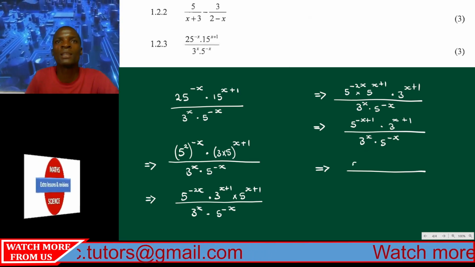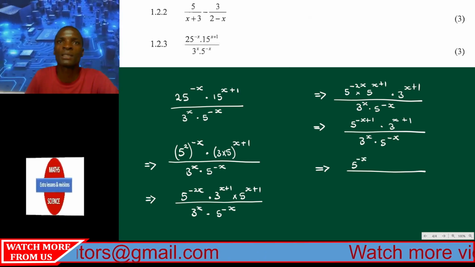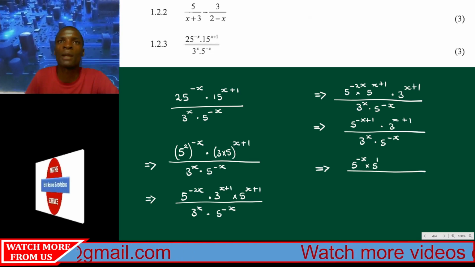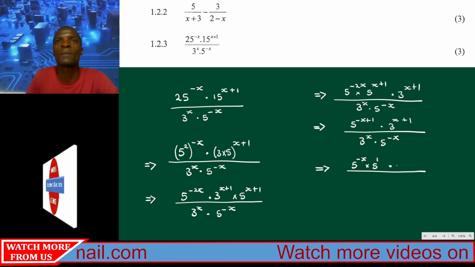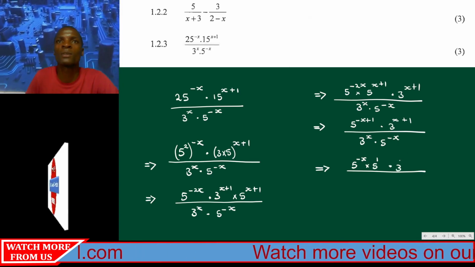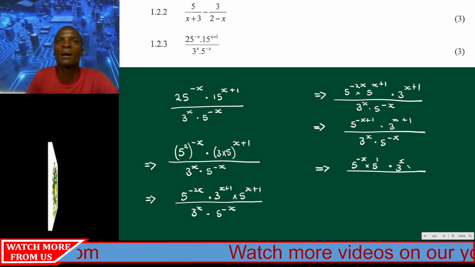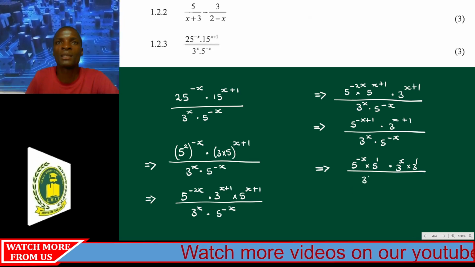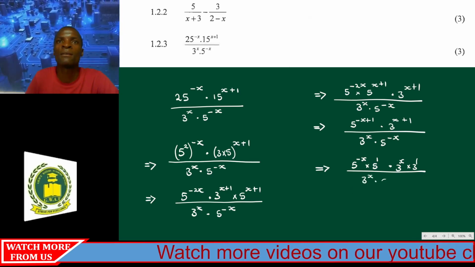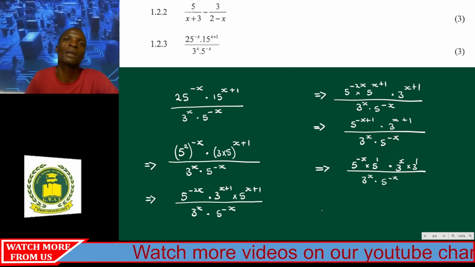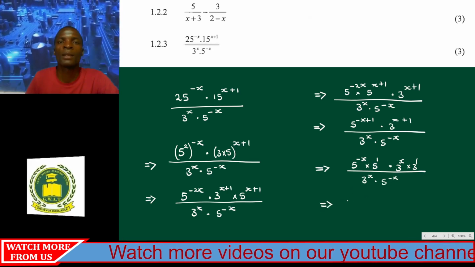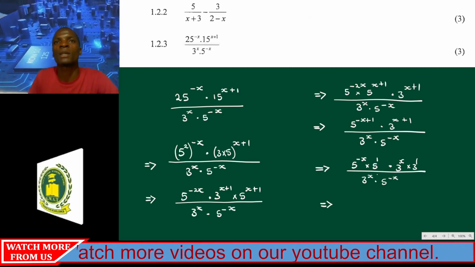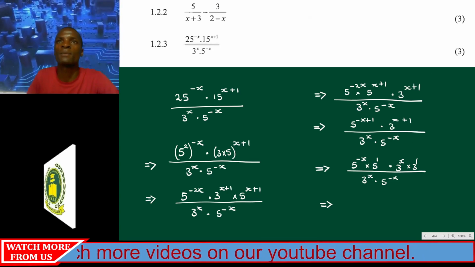So this becomes 5 to the power negative x multiplying 5 to the power positive 1, and this is multiplying 3 in like manner to the power of x, and then multiplied by 3 to the power of 1. The denominator remains 3 to the power x by 5 to the power of negative x. Now when we are here, we find that there is no plus, there is no minus. It becomes easy for us now to cancel those like terms. Now let's do that.